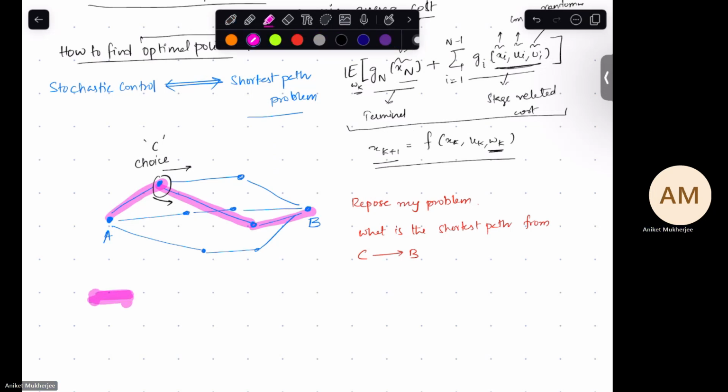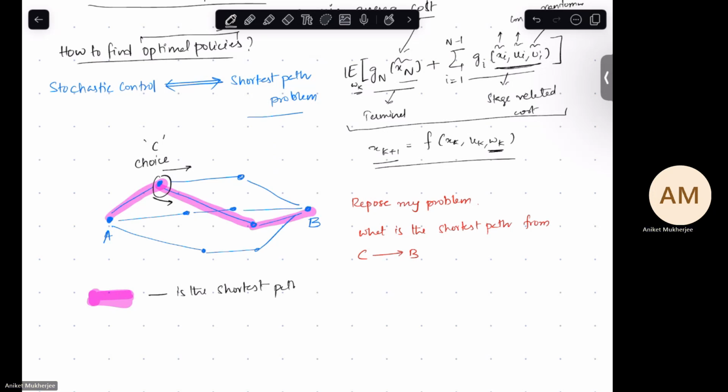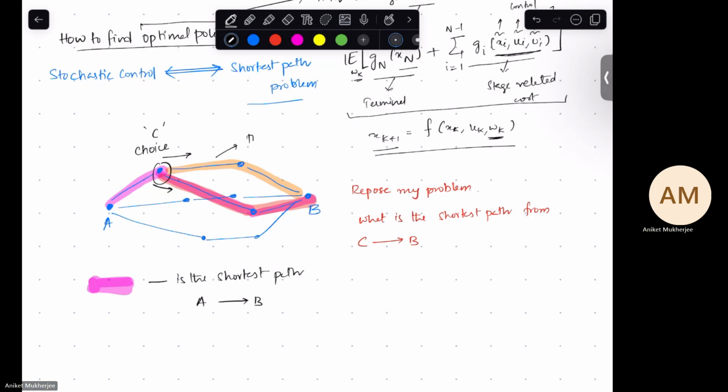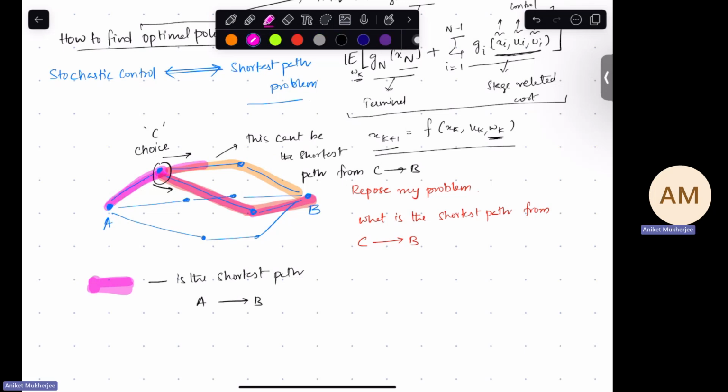And I know that this pink marker is the shortest path from A to B. Then this has to be your shortest path from C to B. These other paths can't be the shortest path from C to B. Because if one of them were the shortest path from C to B, then this would not be your optimal path, and the more optimal path would be that one, right?